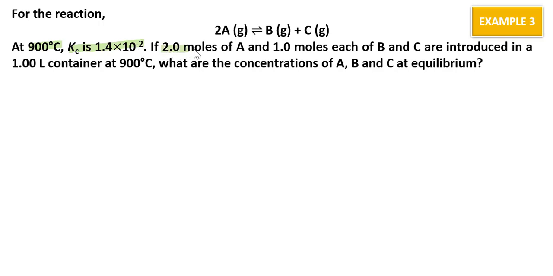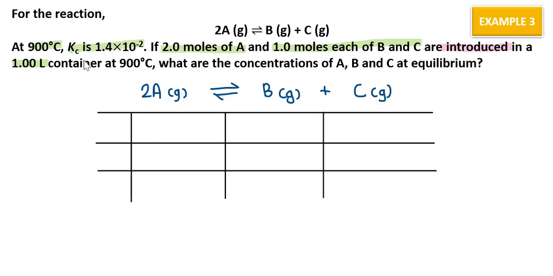If 2 moles of A and 1 mole each of B and C are introduced in a 1 liter container at this temperature, what are the concentrations of A, B and C at equilibrium?